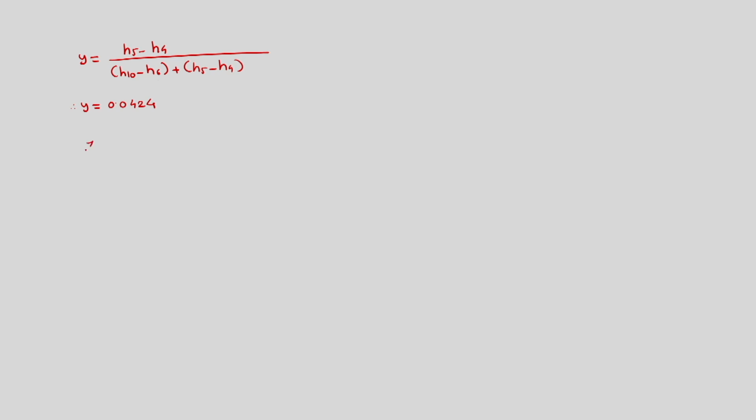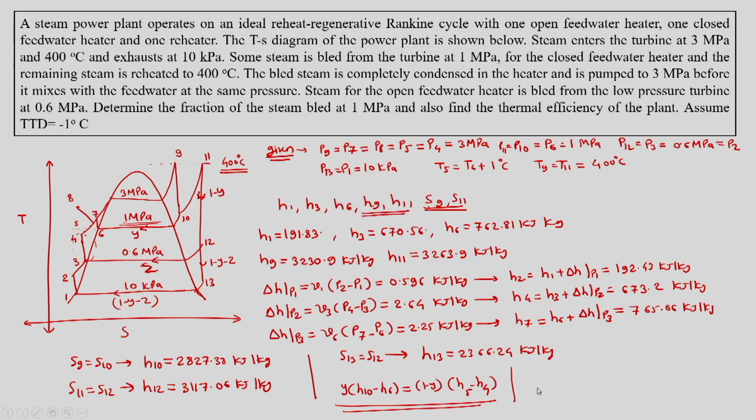Similarly, for Z, we know the formula Z is equal to 1 minus Y into H3 minus H2 divided by H12 minus H2, and this again can be written in terms of energy balance as the Z amount of mass, losing its enthalpy, is mixed at enthalpy 12 with 1 minus Y minus Z at enthalpy 2, such that we will get 1 minus Y at 3.